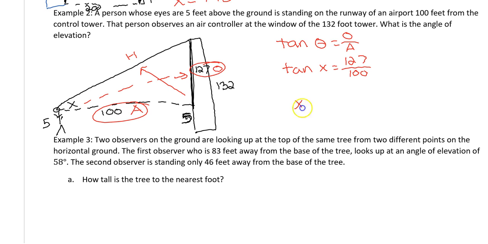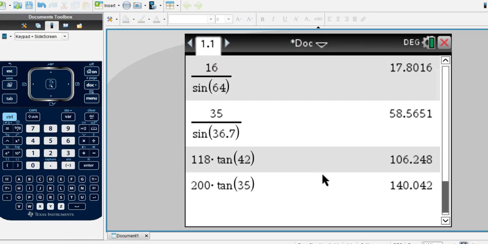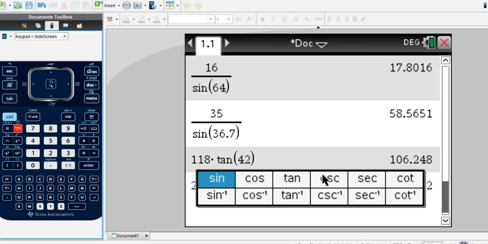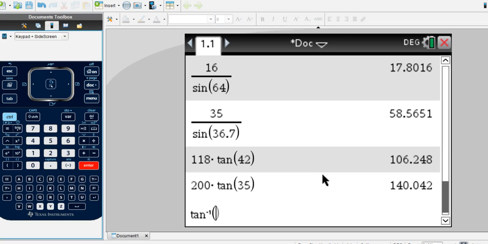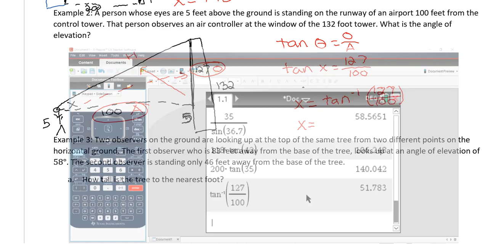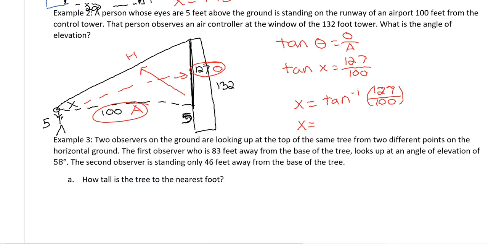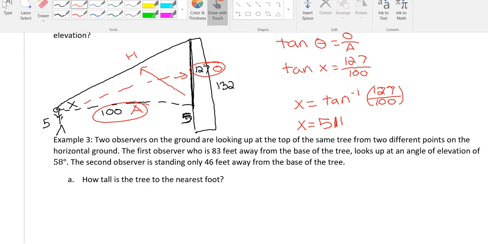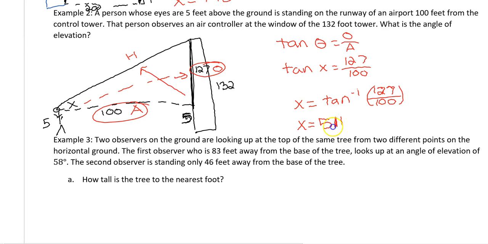So x equals the inverse tangent of 127 over 100, and our inverse tangent is 51.8 degrees.